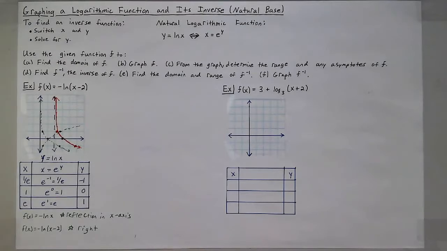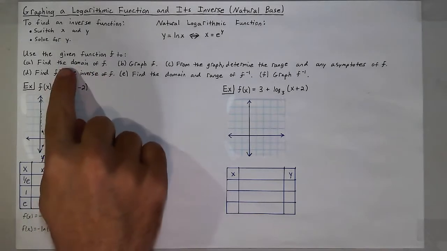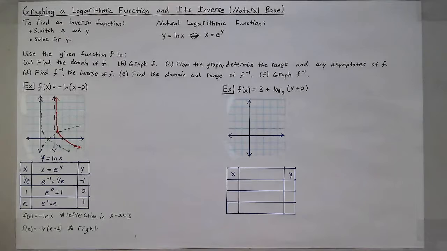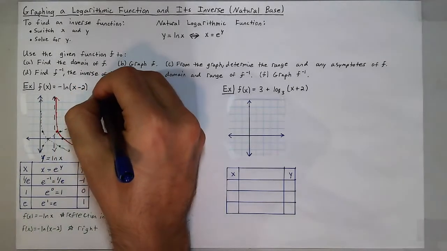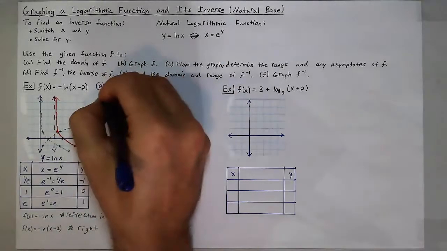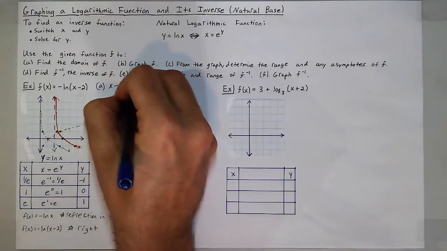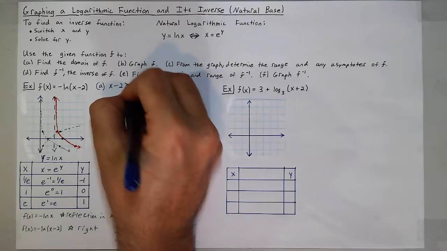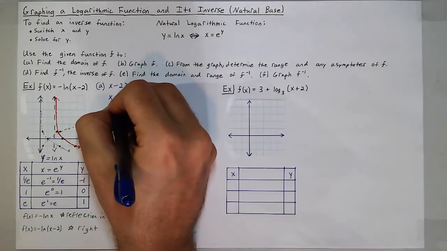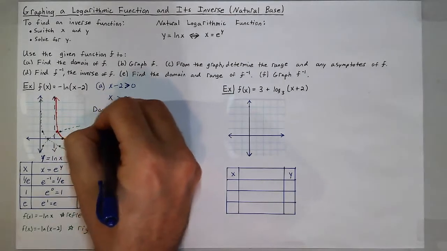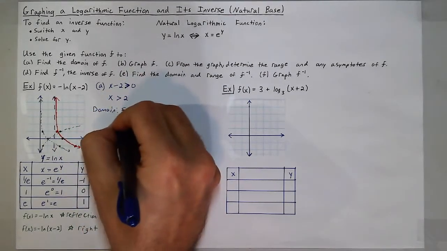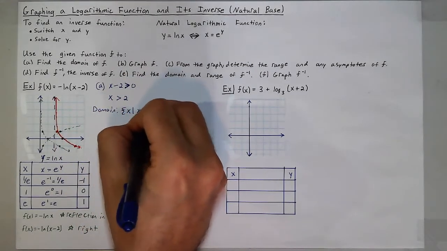Now that I have it graphed, I forgot to find its domain to start, but to find its domain, I would need to make sure x minus 2 is greater than 0. So that would be whenever x is greater than 2. So the domain is the set of numbers x such that x is greater than 2.